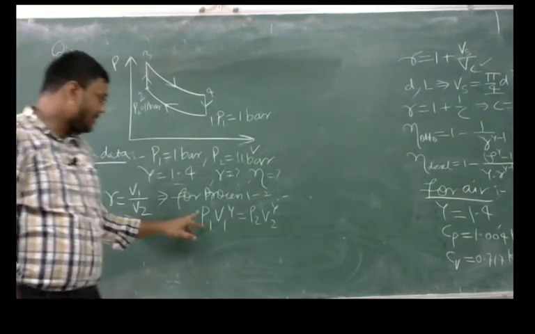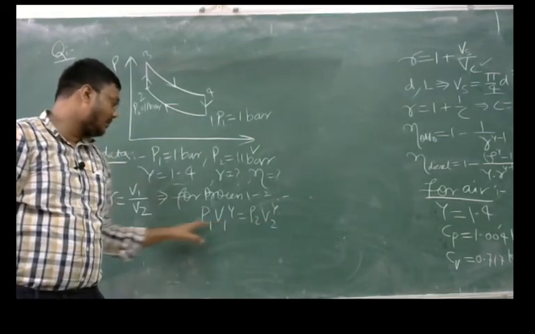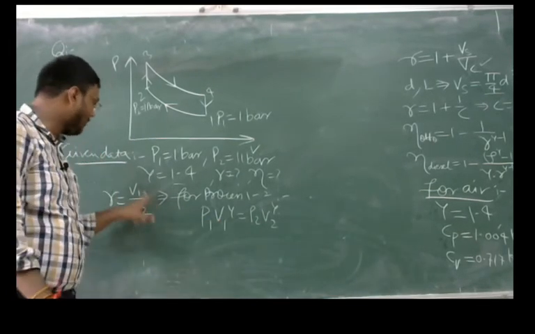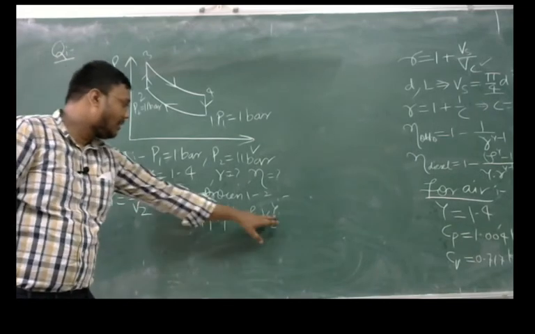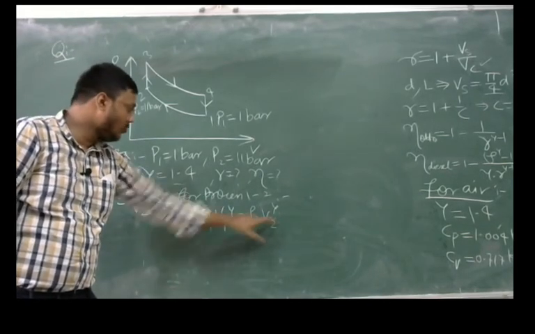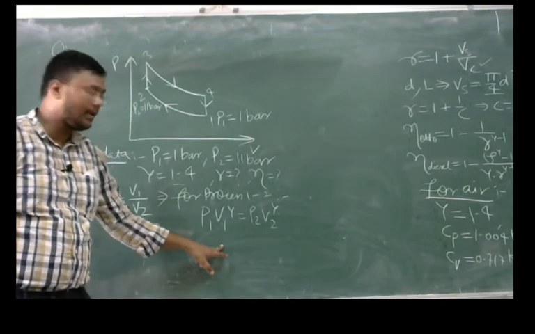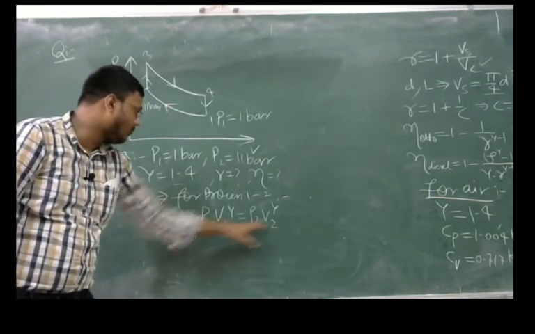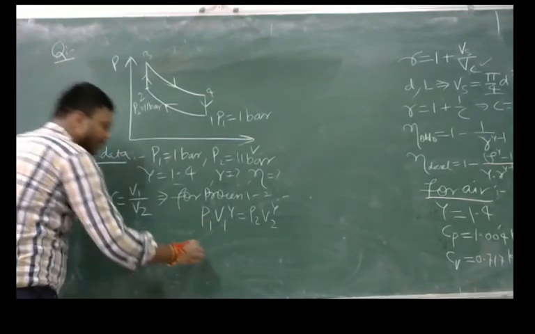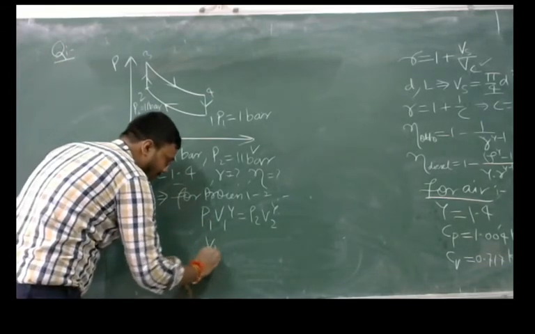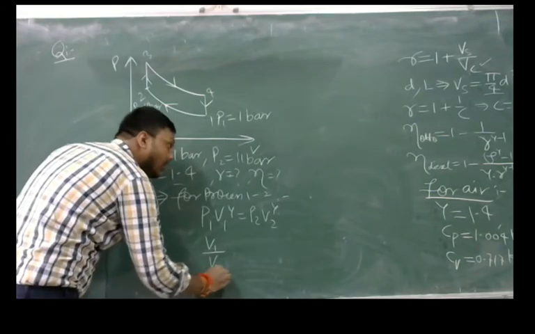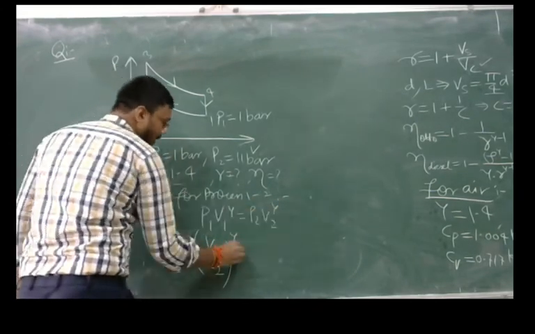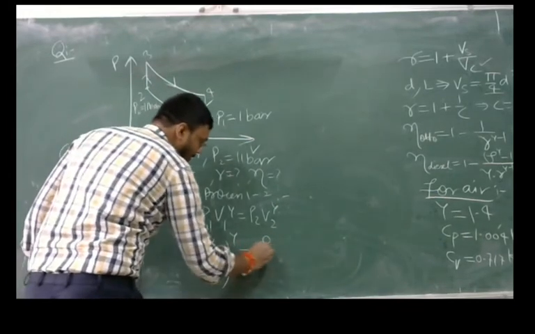In this equation you can easily see the relation between pressure and volume. Now we need to find the ratio V1 by V2. Put V2 below V1, and cross multiply by P1, putting P1 below P2. So this becomes V1 by V2, whole to the power gamma, because both have the power gamma, equal to P2 by P1.